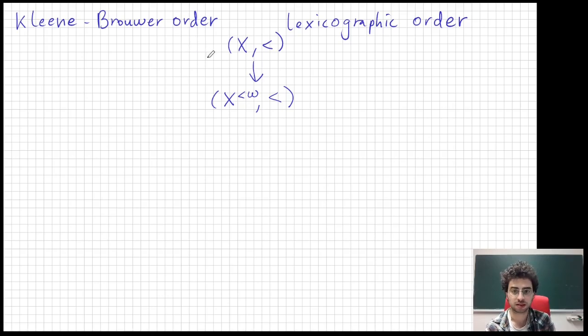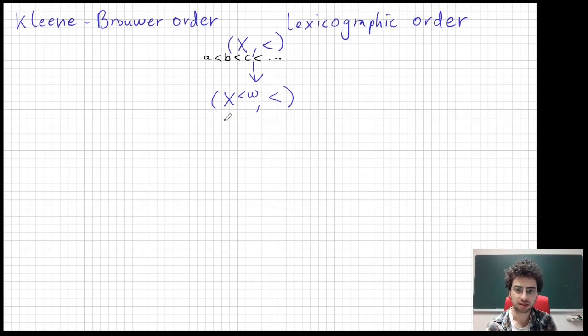an alphabet, if X is an alphabet, A is smaller than B is smaller than C, the usual order, then X smaller omega is going to be equipped with an order as well, either the Kleene-Brouwer order or the lexicographic order, or any other order, but we're going to look at these two.